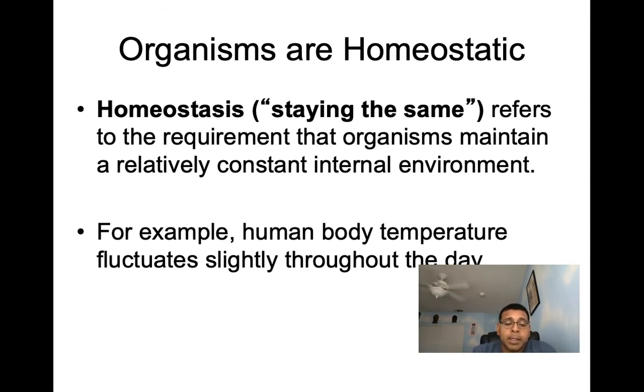So the internal environment of an organism stays the same. For example, you'll see human body temperature slightly fluctuates throughout the day. Also, the body's ability to maintain a normal internal temperature is going to be dependent on the external temperature. We will die if the external temperature becomes too hot or too cold.